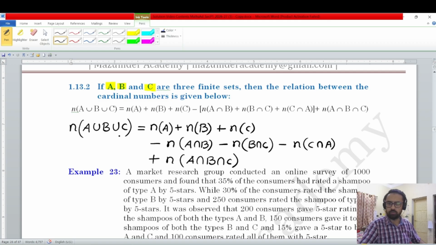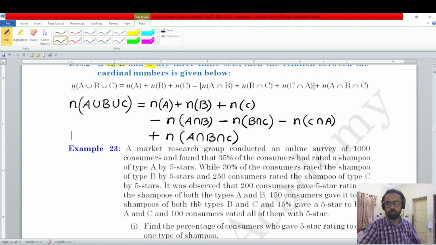This formula I will use in the exercise directly. We have similar types of questions with 3 sets in the exercise, so I will solve them there. And this question has an answer in the book, so in the textbook you can follow and understand after seeing my next part of the lecture.